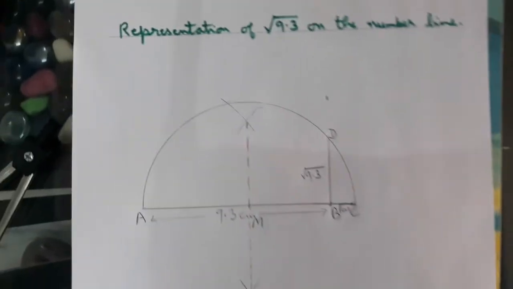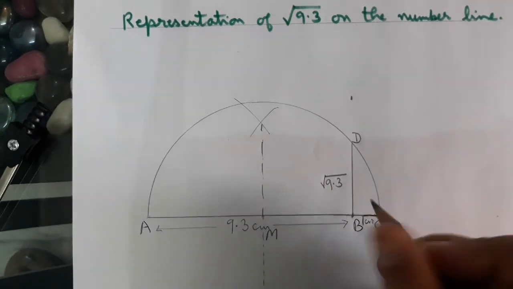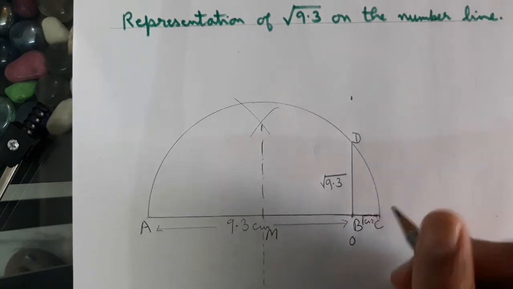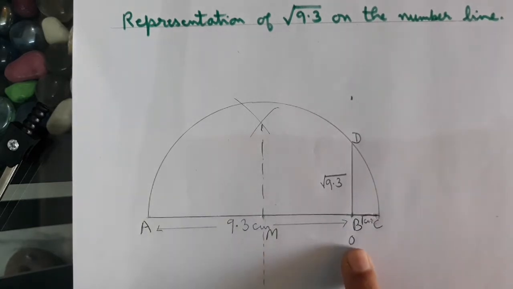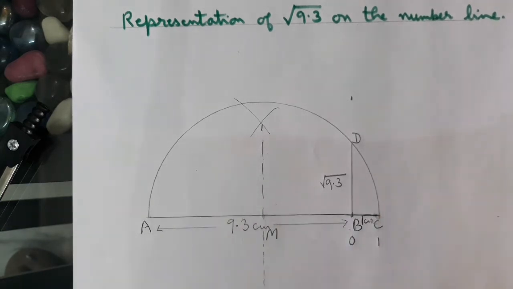The other method is that you do not need to draw this number line separately. In this construction only we can draw the number line. Point B we take as 0. Remember every number line should start with 0, so mark this as 0. This length is 1 centimeter, so point C is 1.